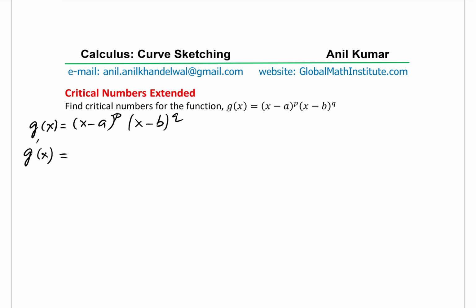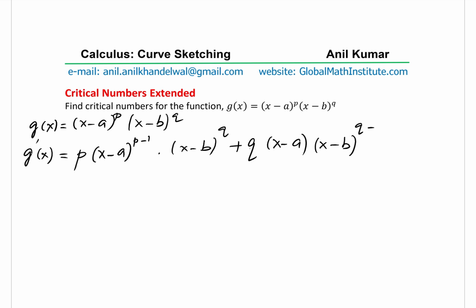So we'll have the derivative of the first function, which is p times x minus a to the power of p minus 1 times the second function, which is x minus b to the power of q, plus the first function as such, which is x minus a times derivative of the second, I'm writing q here, x minus b to the power of q minus 1. So we use the product rule to find the derivative, right?